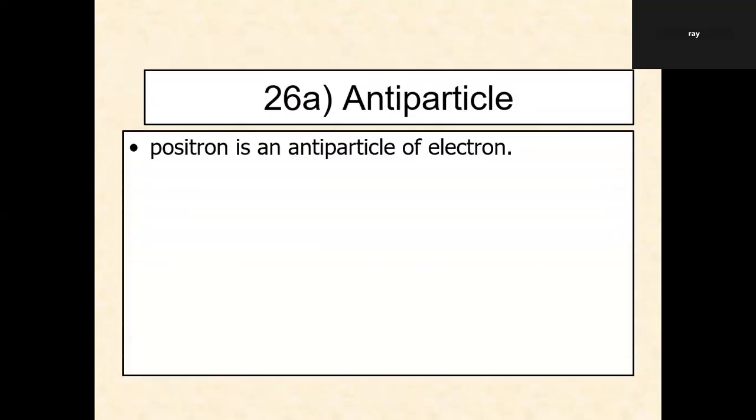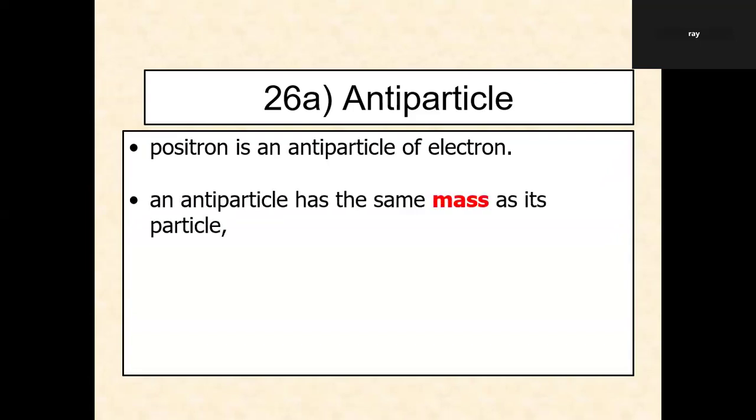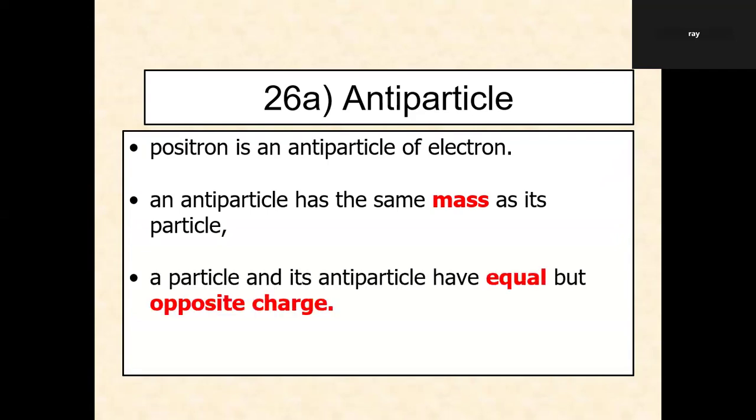Positron is the antiparticle of the electron. An antiparticle has the same mass as its particle. That means positron and electron have the same mass. A particle and its antiparticle have equal but opposite charge. The only difference between a particle and antiparticle is opposite charge. Magnitude the same, but opposite charge.